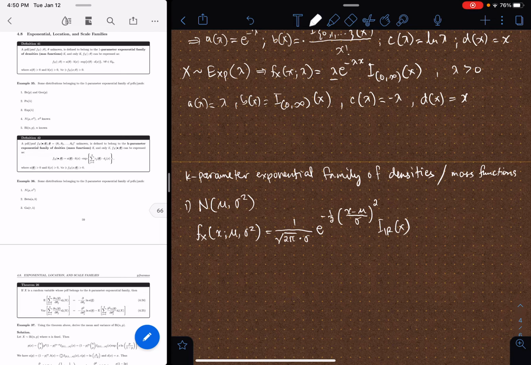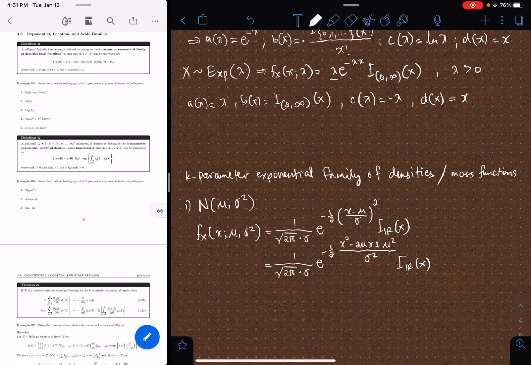Okay. So, meron tayong exponential dito, function, tapos yung exponent niya is negative 1/2 x minus mu all over sigma squared. So, expand natin yan. Magiging x squared minus 2 mu x plus mu squared all over sigma squared I r of x.